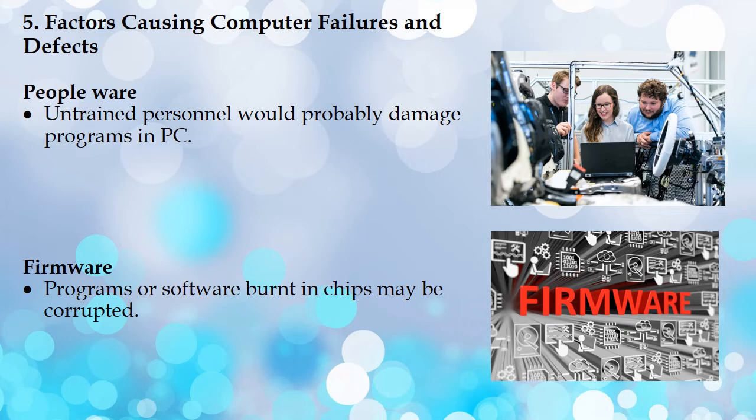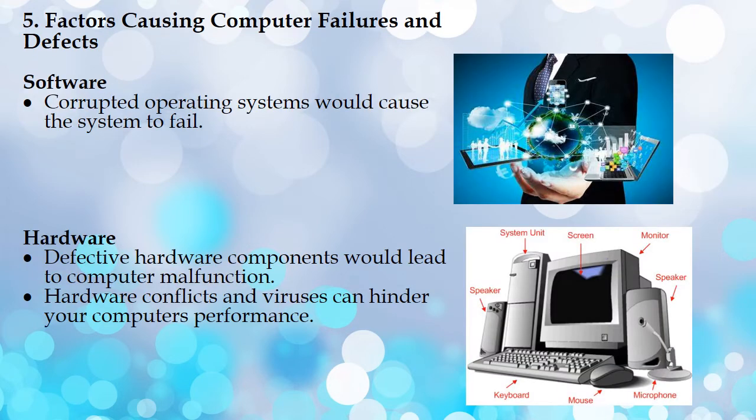So that is the firmware. And then next we have the software. Software or corrupted operating systems would cause the system to fail. An example of software is the operating system. If it is corrupted, it would cause our system to fail. Parang it will not work anymore.